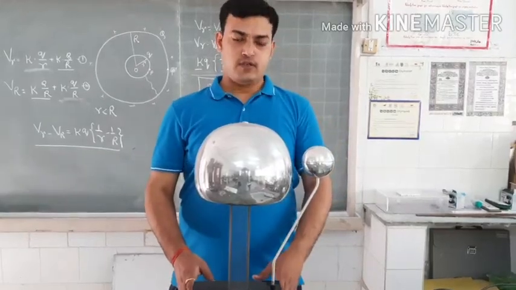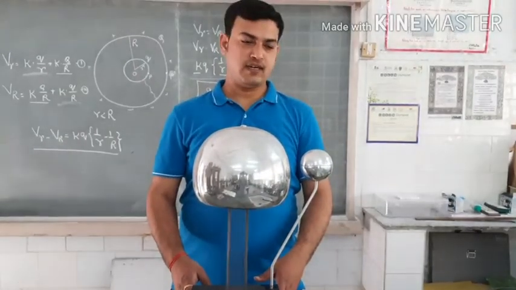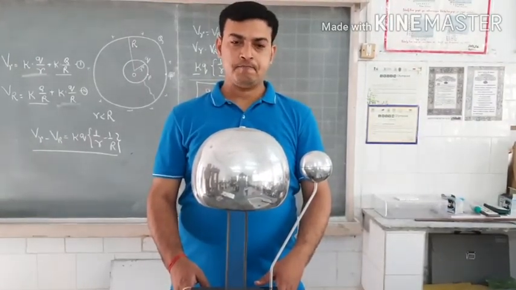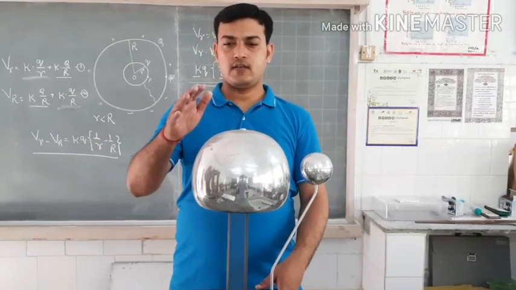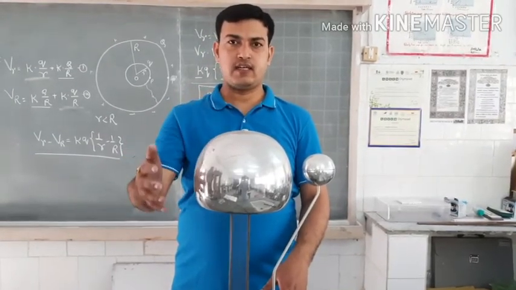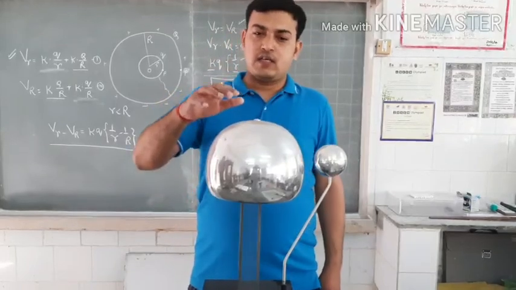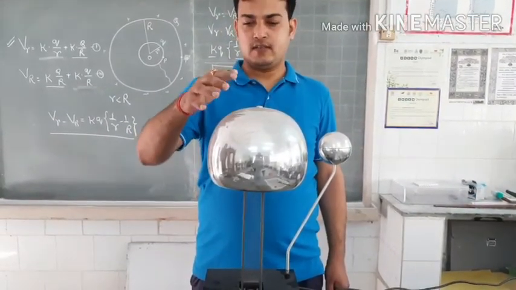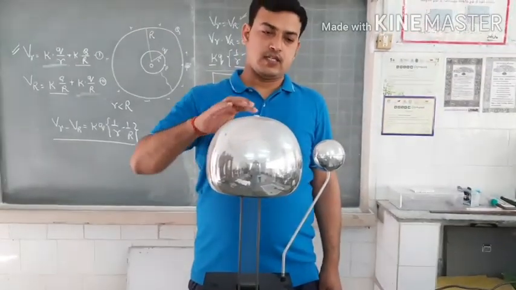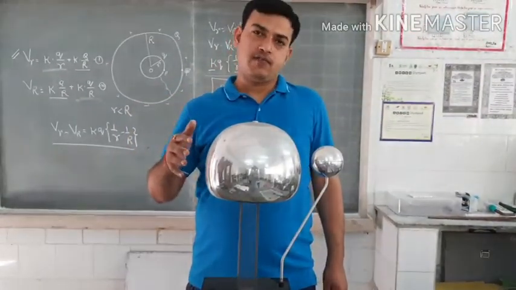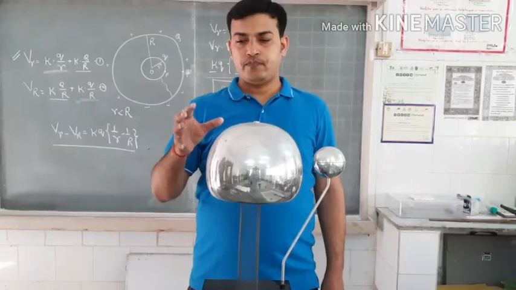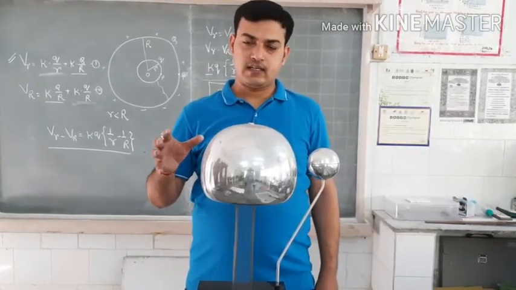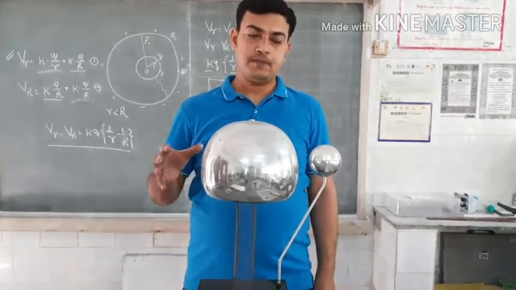So I have switched on my Van de Graaff generator, and this shell is of larger radius. The charge is accumulating over the surface of this large shell. As the charge accumulates continuously over its surface, it produces an electric field around it.